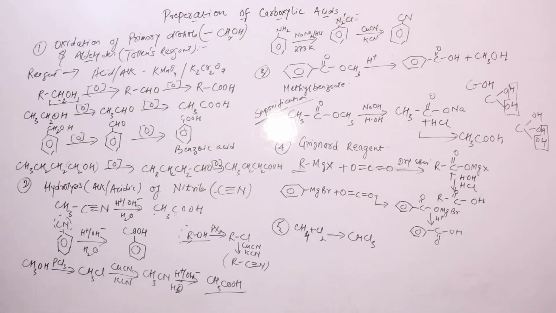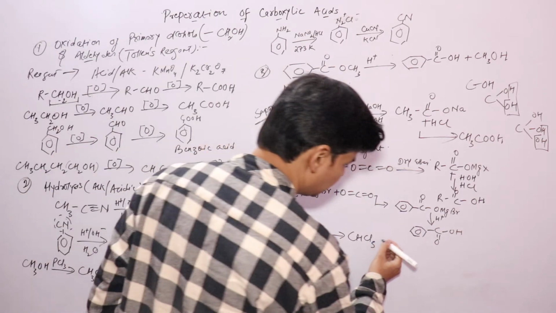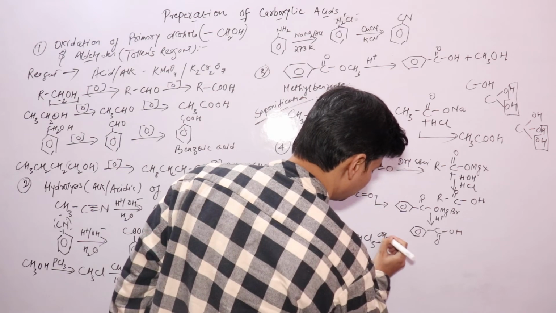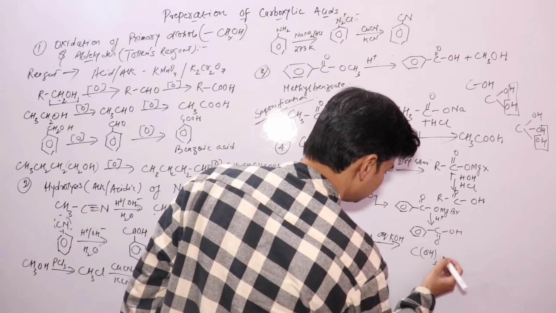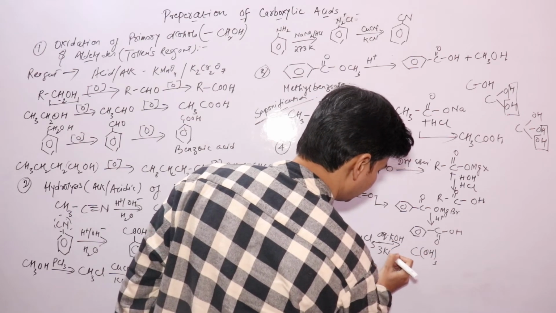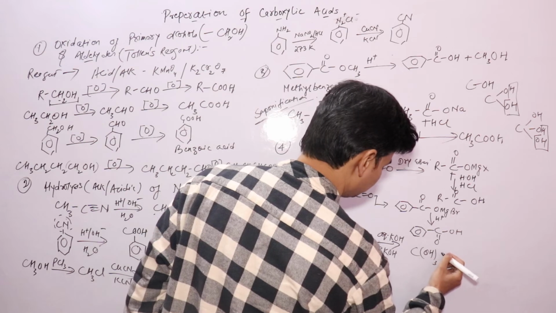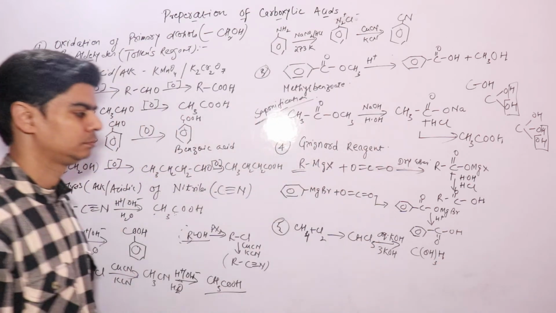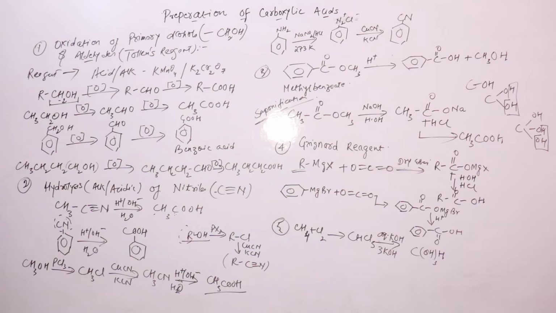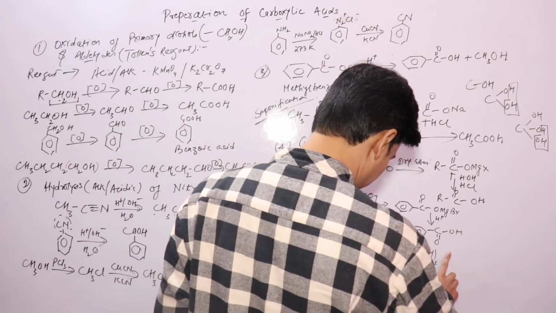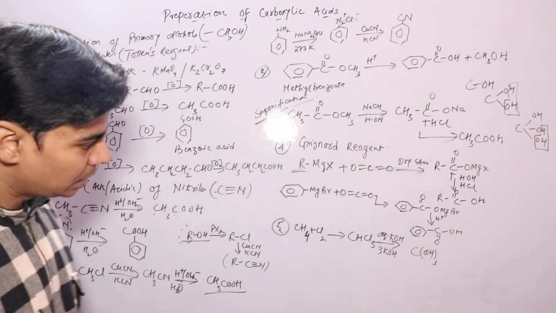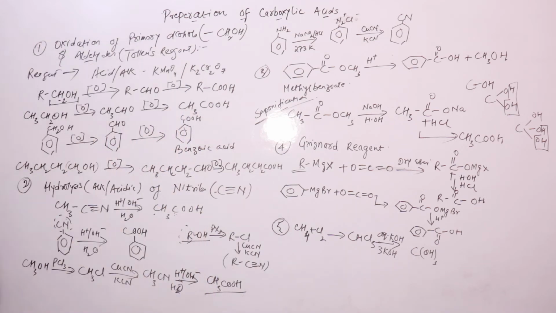So it will undergo hydrolysis with aqueous KOH. Now this will undergo hydrolysis with aqueous KOH, 3 KOH, to form CH(OH) whole thrice.